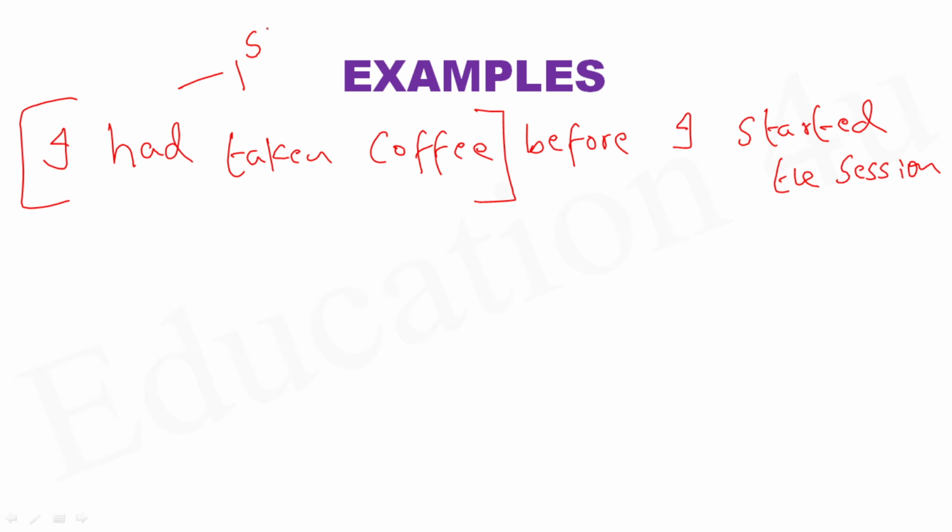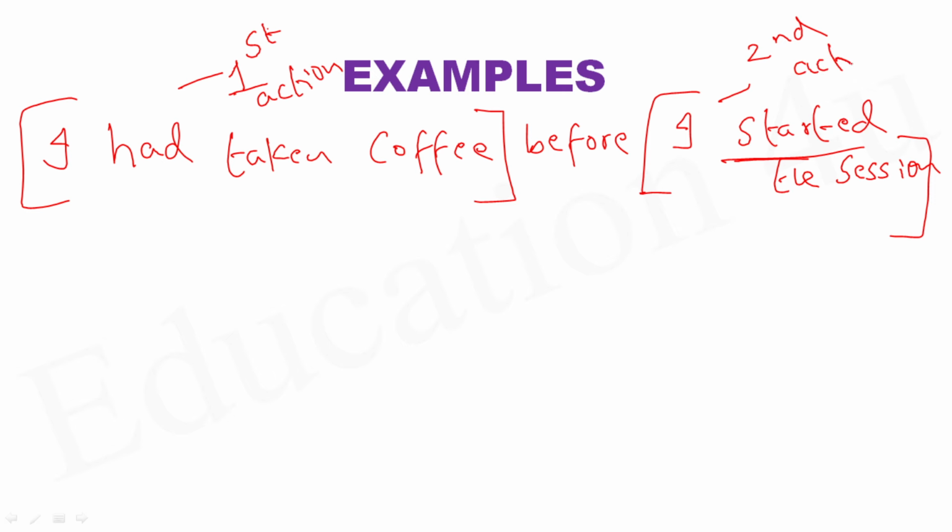This is the first action, my dear friends. And now, naturally, the second action is, I started the session. So, I started the session is the second action. And that is why, if you observe very carefully the grammar that I have used here, I had taken coffee.